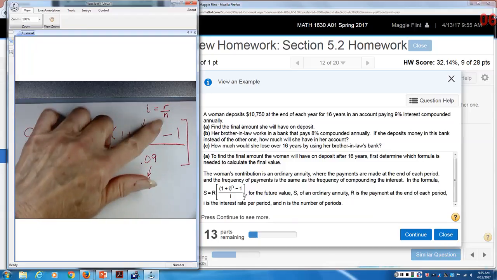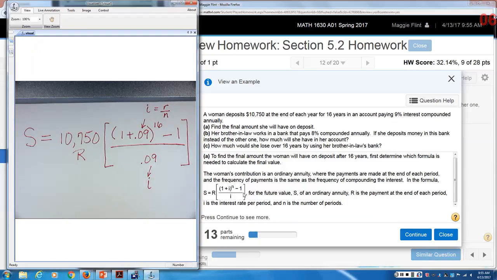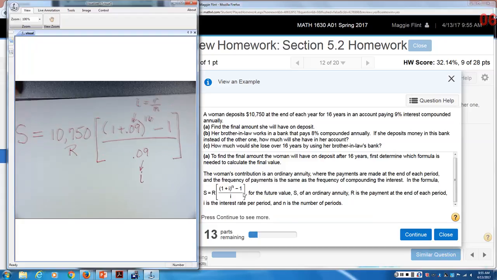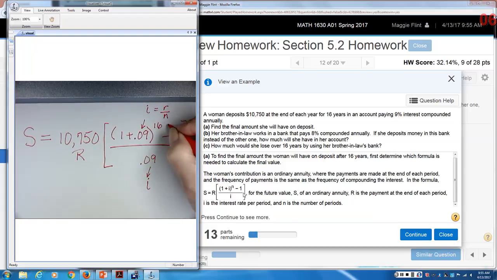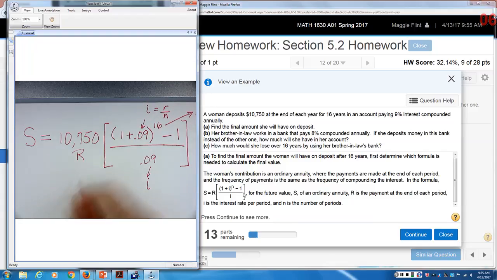So that's 0.09 over 1 year. And then 16 is N. So what these all stand for, R is the payment. I, in this problem, is the annual interest rate.